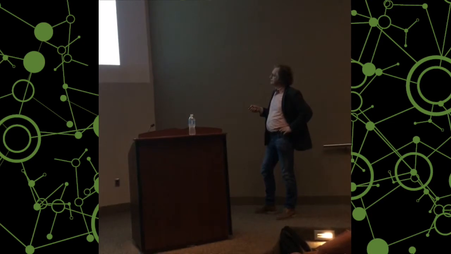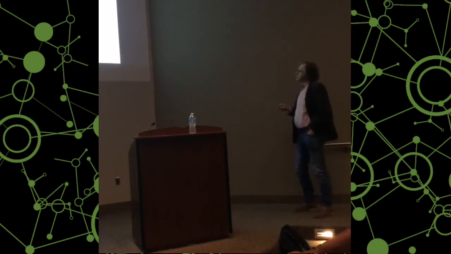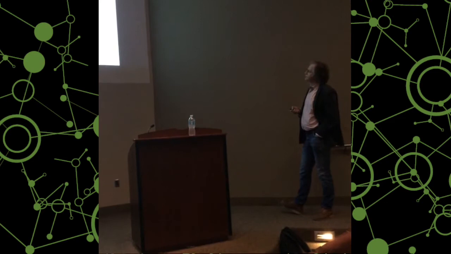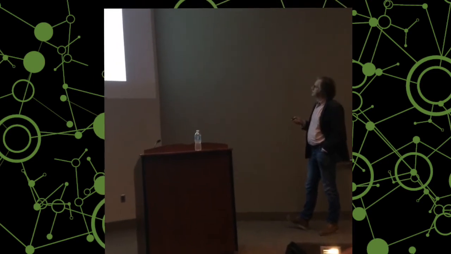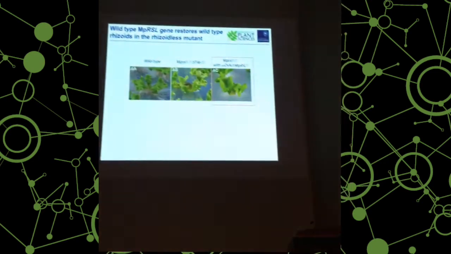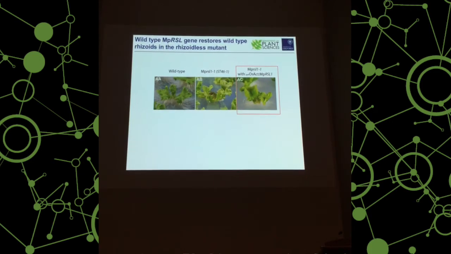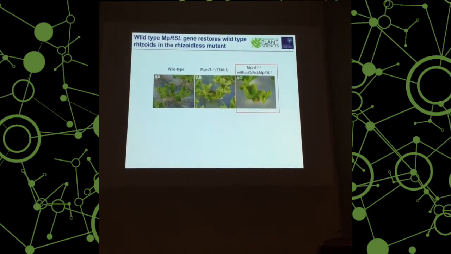Both alleles inserted into this basic helix-loop-helix transcription factor encoding gene. So we figured, okay, two independent alleles, it's likely to be the right gene. Just to make sure, we took the coding sequence and overexpressed it using a rice actin promoter, introduced it into a mutant, and you restore the formation of rhizoids. So we'd identified the right gene.